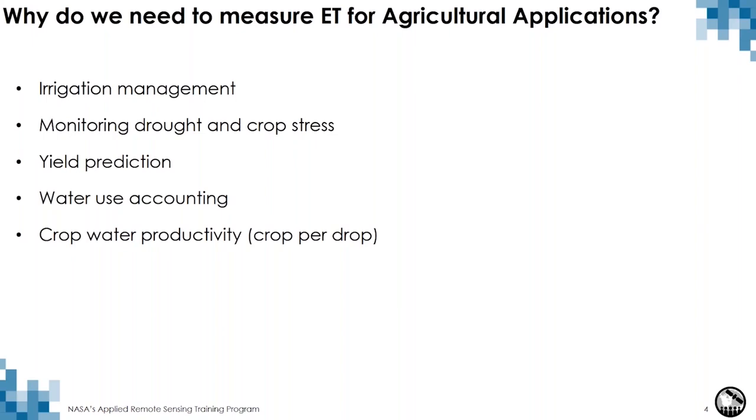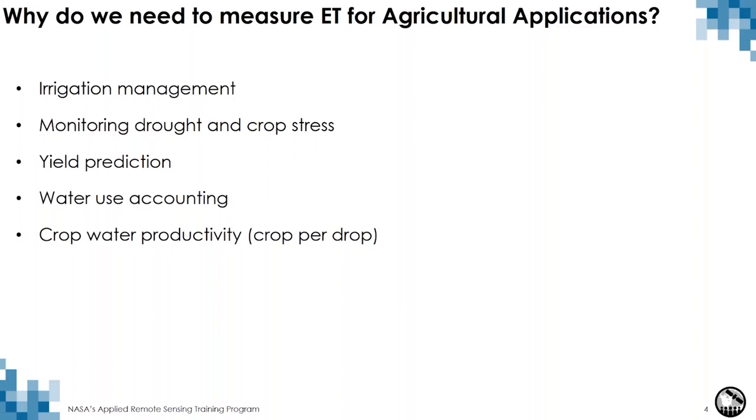In areas where crops are irrigated and not rain-fed, our ability to measure ET allows us to give better information to farmers on when and how much to irrigate. The second one, monitoring drought and crop stress. This goes a bit with irrigation management. We want to be able to measure ET so that we can find out when a plant may be undergoing stress.